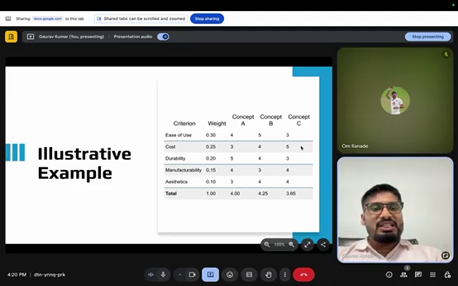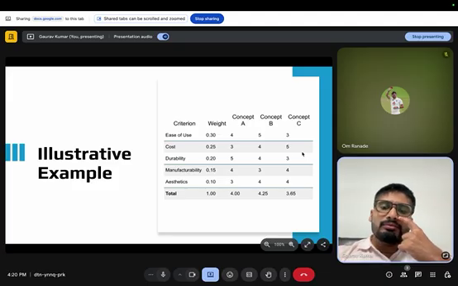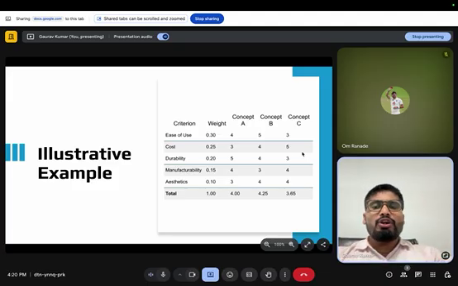Concept C performs well in cost but weakly in durability. So this outcome highlights that concept scoring not only identifies the leading concept but also pinpoints areas of improvement in others.